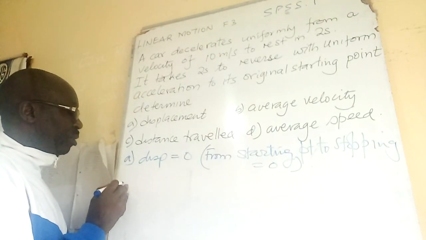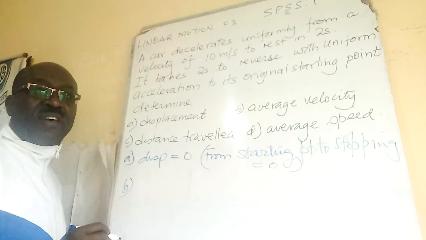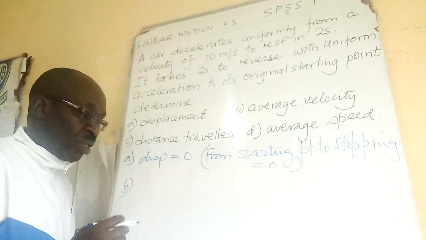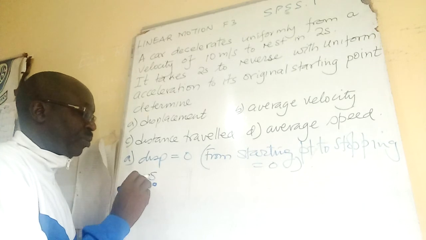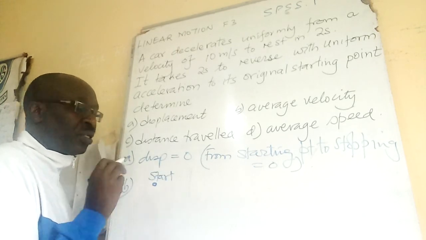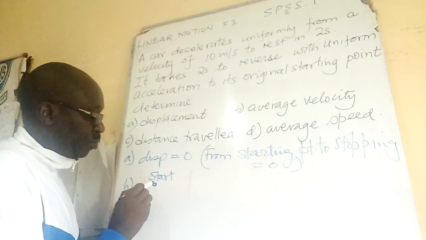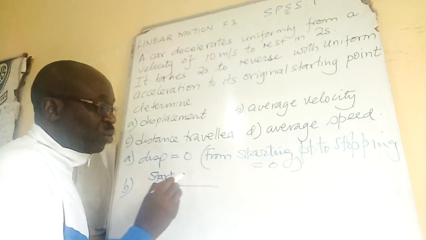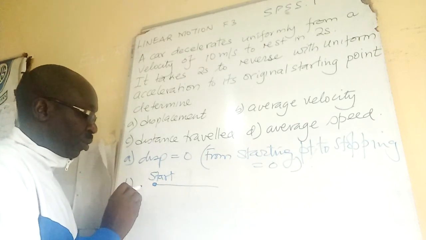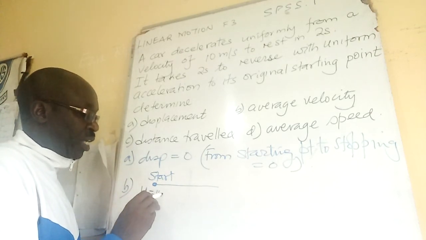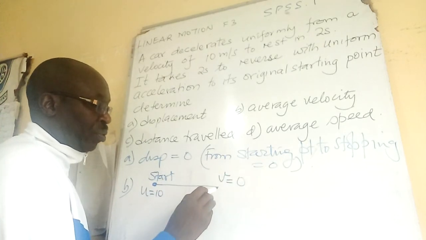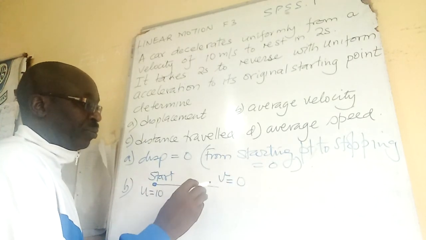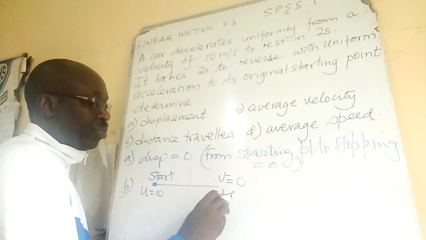Now, can we write B here? Average velocity. So let us say this is the starting point, start. If it is going that way, u is equal to 10. Here, v is equal to 0. So let me call this stop.